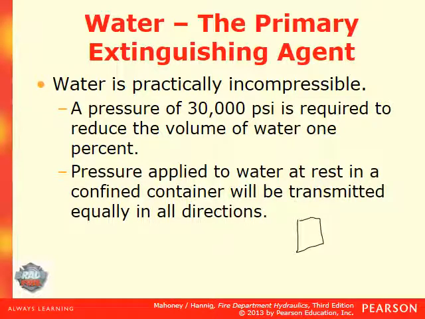So here's our container, here's our water. And again, if we wanted to just reduce this by 1%, it would require 30,000 pounds per square inch of pressure to just compress that down a little bit.